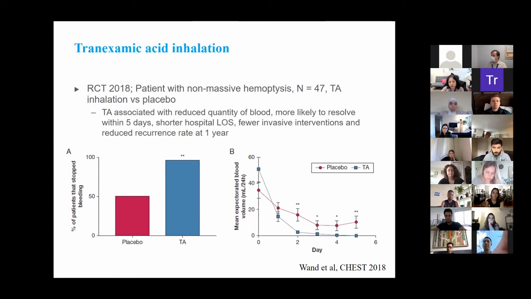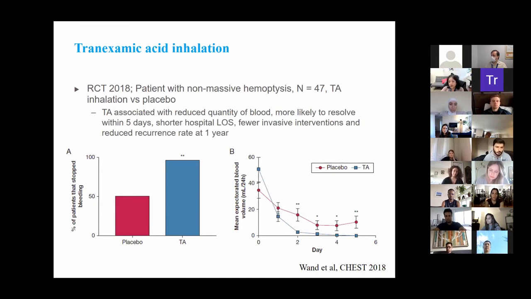There are a number of case series as well in a lot of different populations. I'll point out one in particular, which is in cystic fibrosis. These are patients who come in very frequently. Hemoptysis is a common complication from their bronchiectasis, and many of them need frequent interventions to stop hemoptysis. And so TXA inhalation has actually entered in as a great opportunity to prevent invasive interventions in this population of patients.